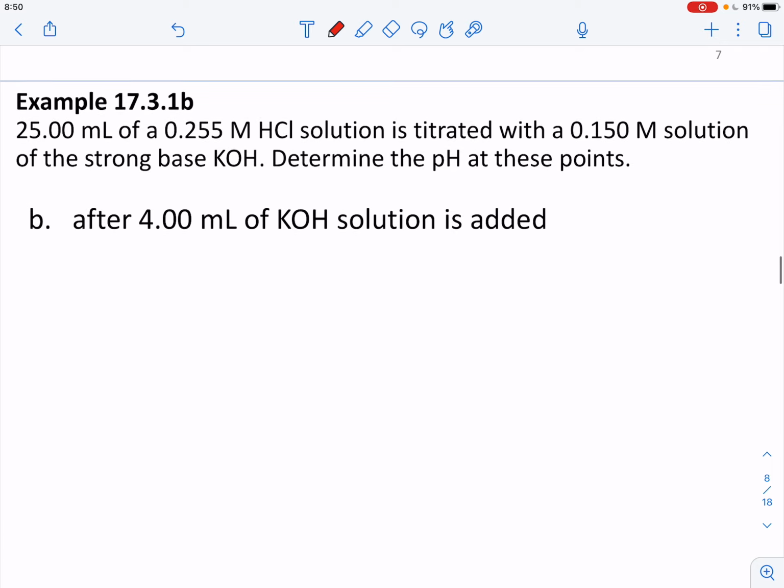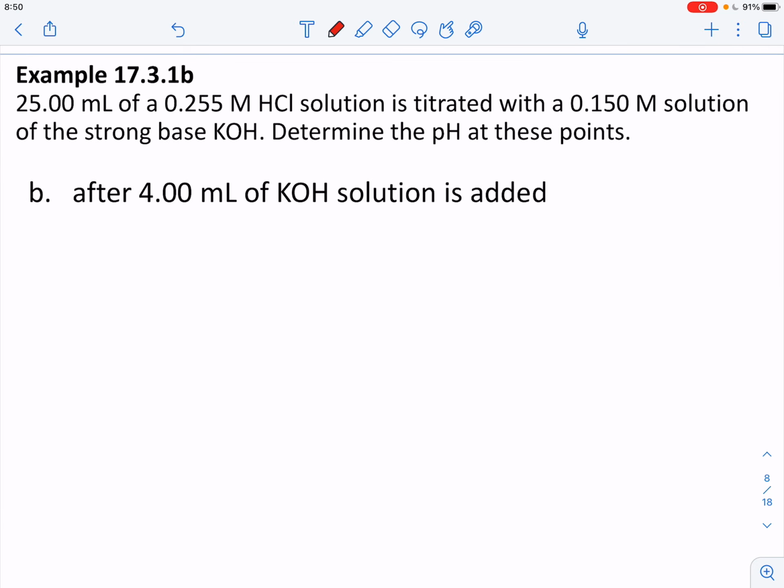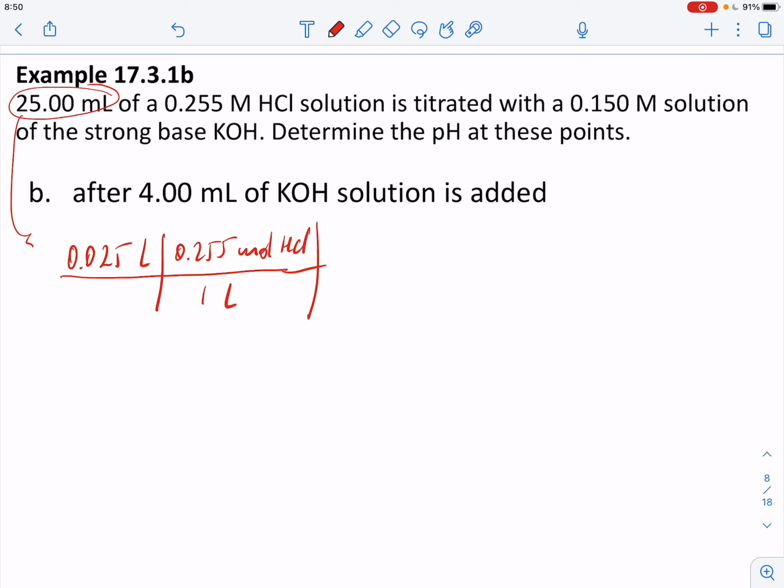Now the story is different when you have added 4 milliliters of KOH, and at this point, you need to know how many moles of each, the acid and the base, you have here. How many moles of the acid you have? Well, first of all, you need to convert this to liters. So this is 0.025 liters, and then we have 0.255 moles of HCl per liter, and this is equal to 0.006375 moles of HCl.